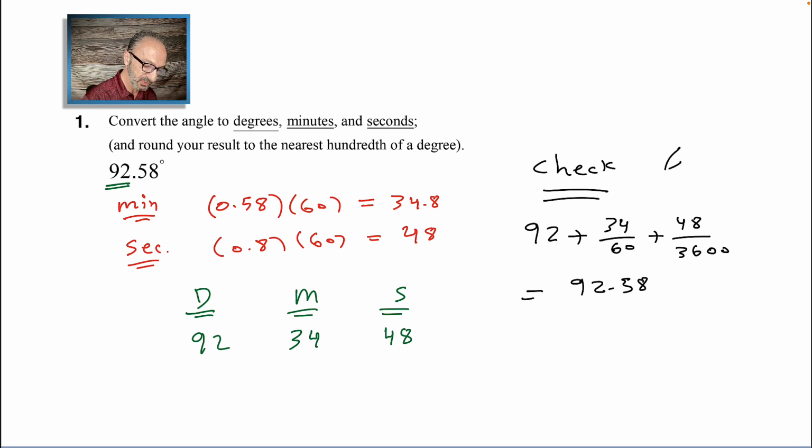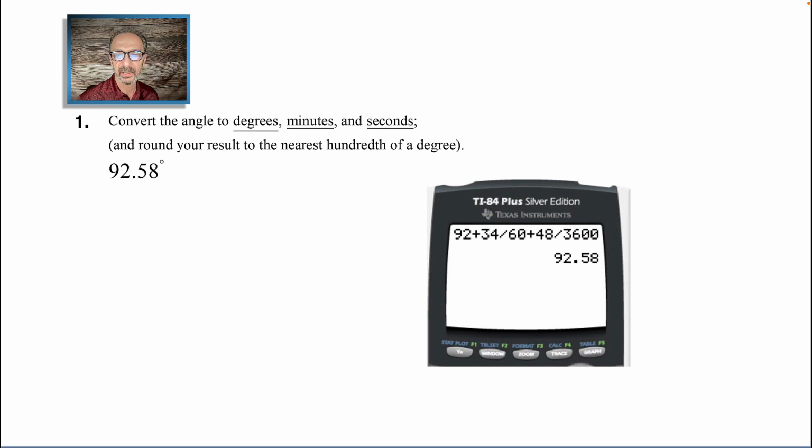So this method is to show you how to go back from degrees, minutes, seconds. If you have 92 degrees, 34 minutes, 48 seconds, how to write it in degrees only, which is 92.58 degrees. And just to confirm, if you type 92 plus 34 over 60 plus 48 over 3600, the calculator will give you 92.58.